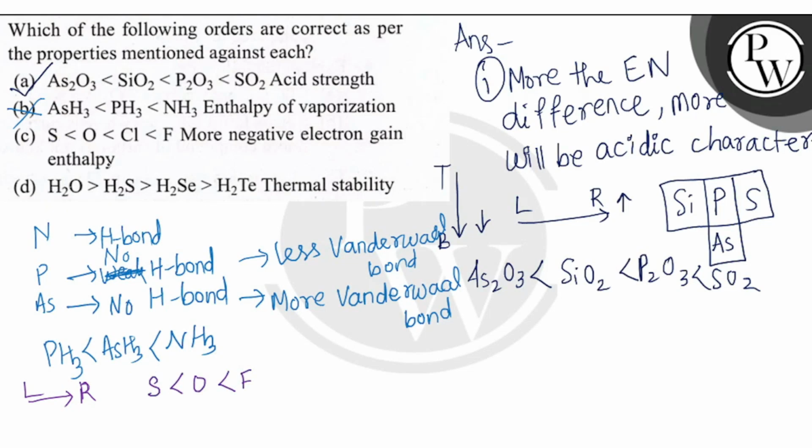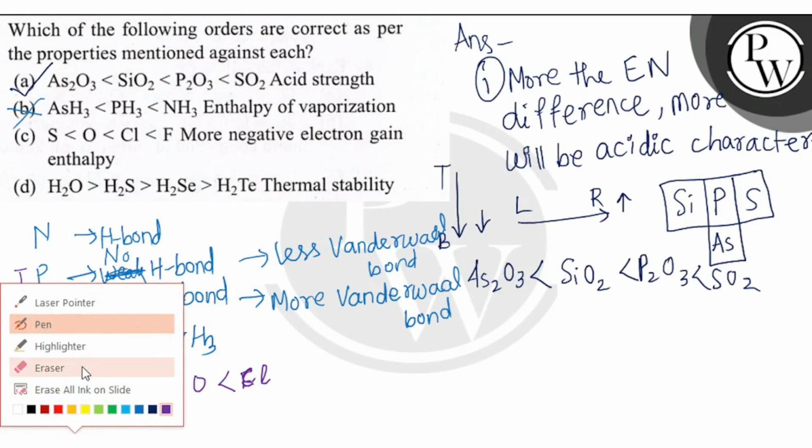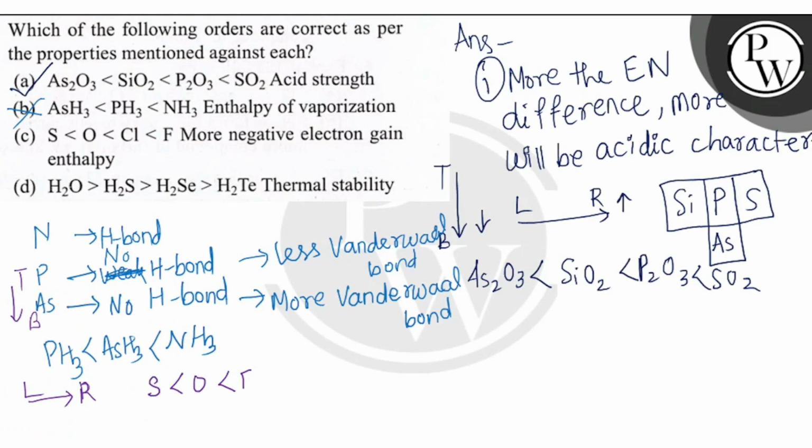And if we move from top to bottom, the electron gain enthalpy decreases. But there is an exceptional case: fluorine has lower electron gain enthalpy compared to chlorine.